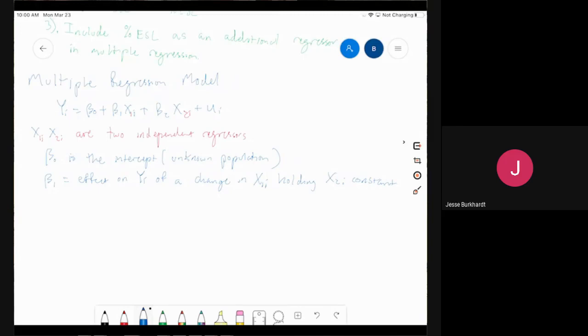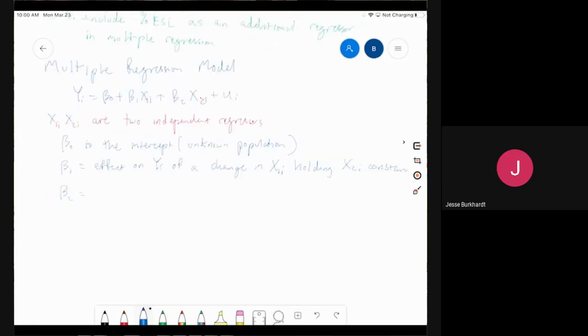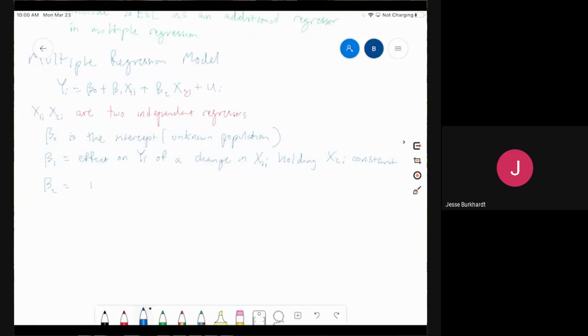So we're holding, in this case, percent ESL constant if x_2i is percent ESL, or we're controlling for x_2i. Likewise, beta 2 is equal to the effect on y_i of a change in x_2i holding x_1i constant.